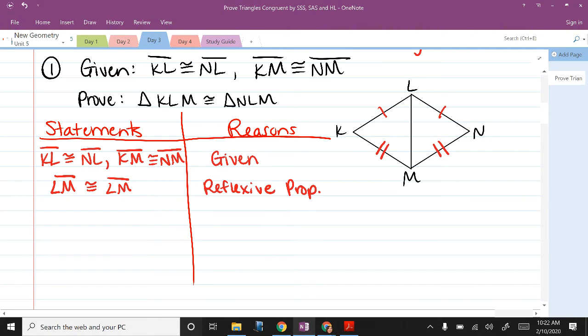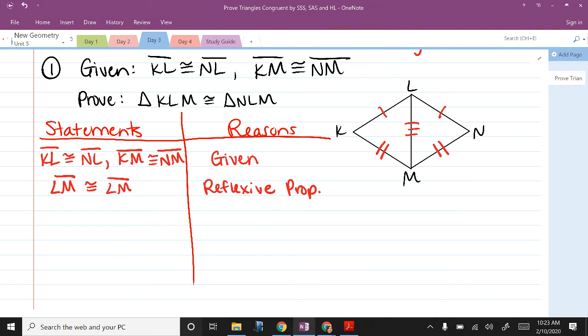We said that we would use that later. Well, we're using it now. This is the unit where we start using the reflexive property a lot. So now I have three sides congruent to three sides. Can I say the triangles are congruent by side? Yes, if three sets of sides are congruent to each other, then I can say the two triangles are congruent by side.